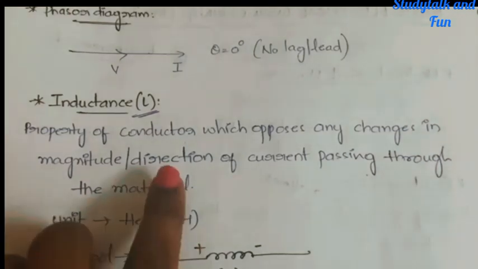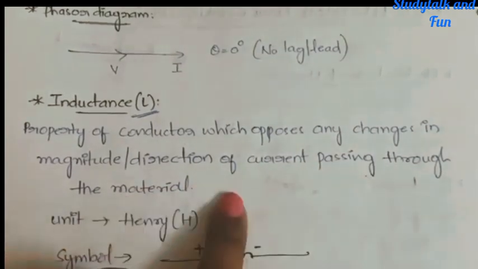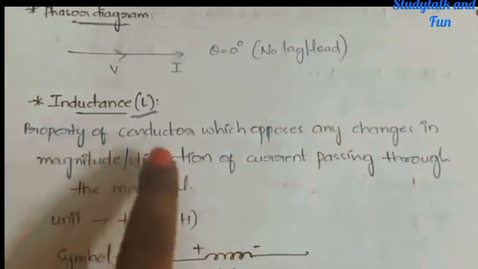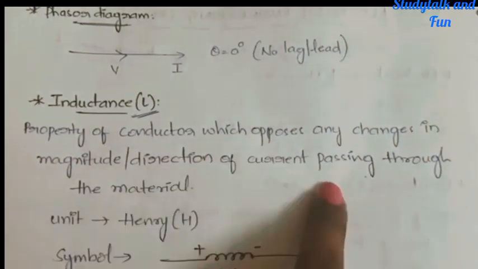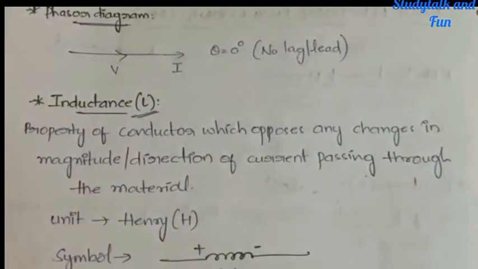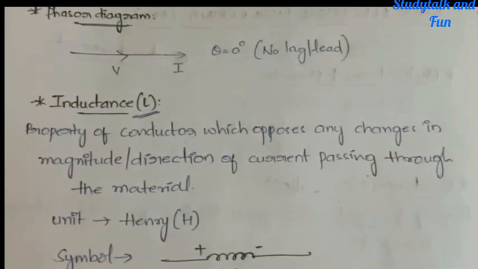So, current passing through the material, any changes happening to the magnitude or direction of the current. See, current is a vector quantity or a scalar quantity, okay, keeping that aside, basically magnitude or direction.